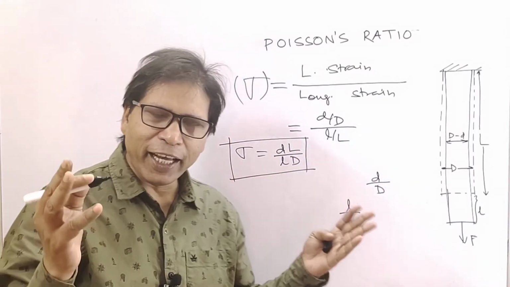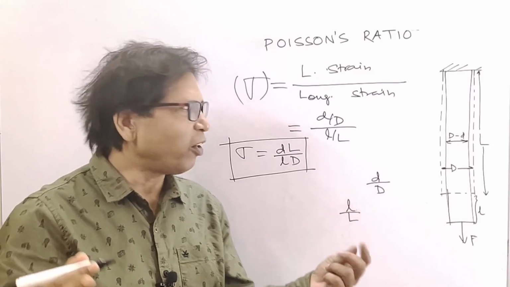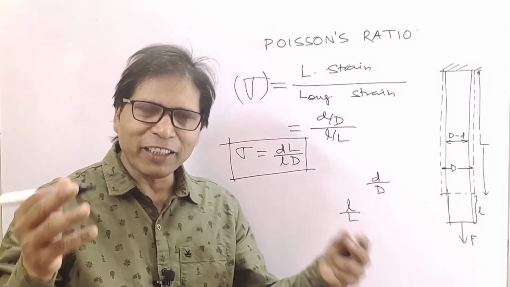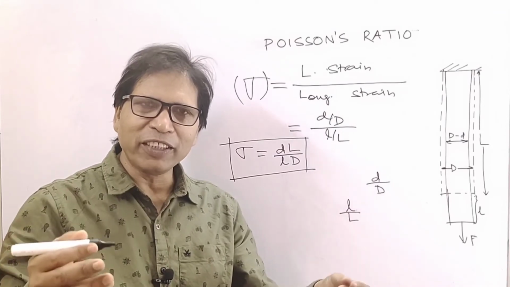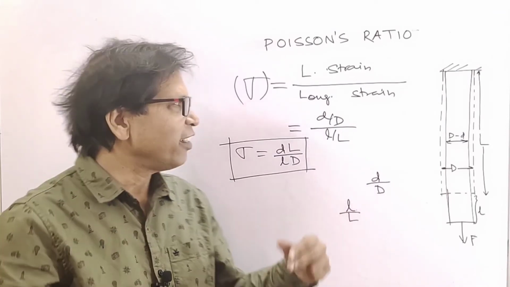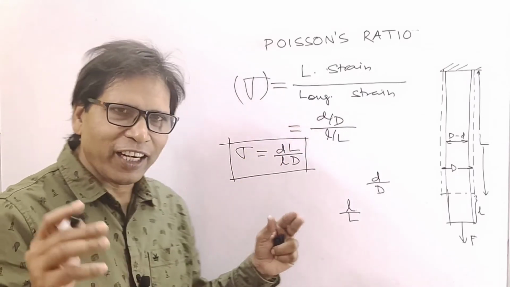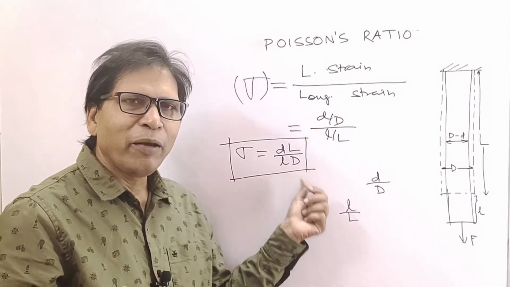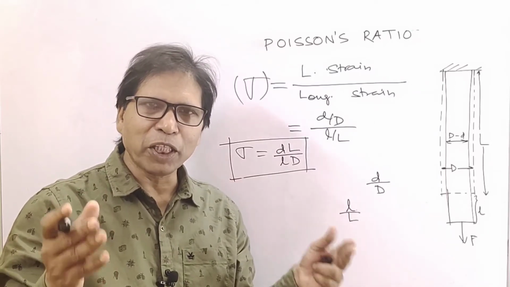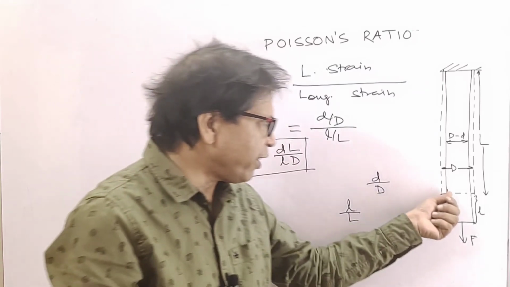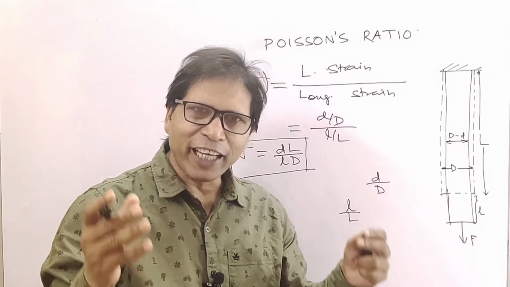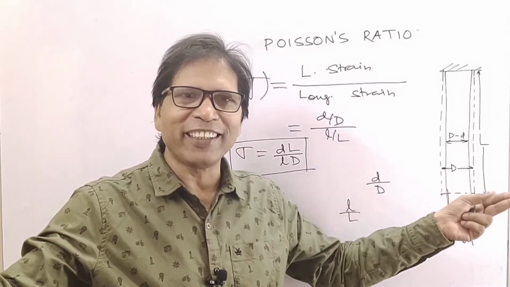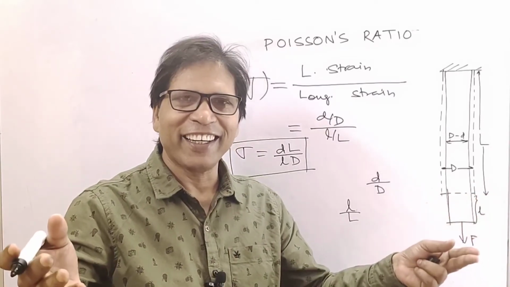It is not an elastic modulus because it is the ratio between two strains, but elastic modulus is the ratio between stress and strain. That is why it is not the elastic modulus. It can never be negative, because a negative value of sigma means length and diameter increase simultaneously, but there is no such material present in nature.